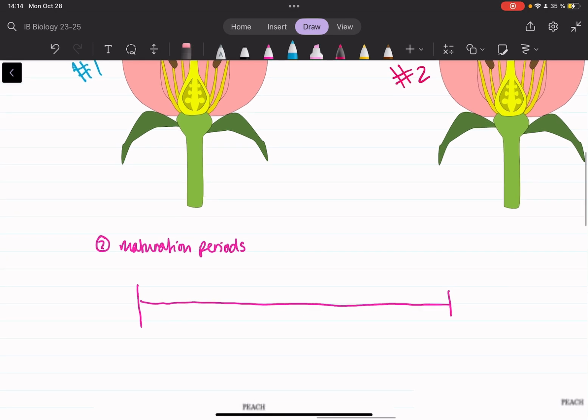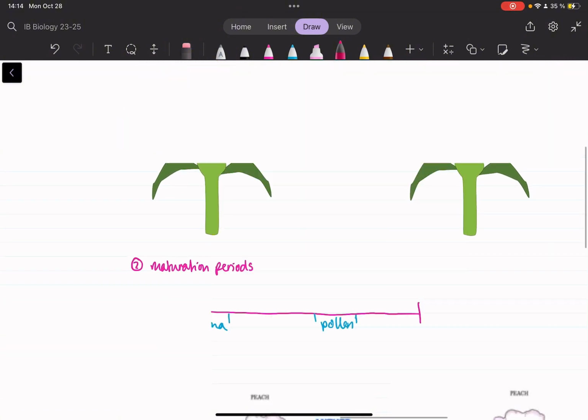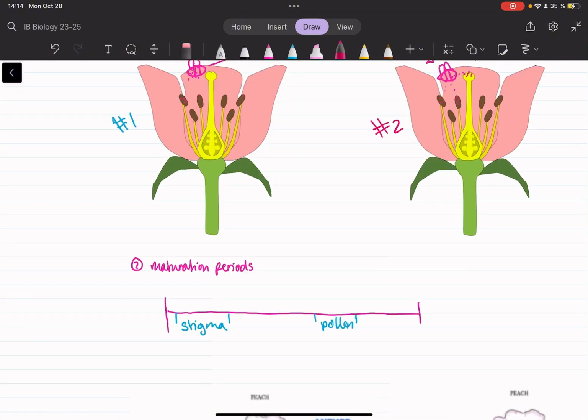So let's say in flower number 1, the stigma matures at around this time, but the pollen matures at around this time. That means that stigma and that pollen cannot create a pollen tube together, which means that the pollen grain, or the cell, cannot reach the ovary and then fertilize the ovules.